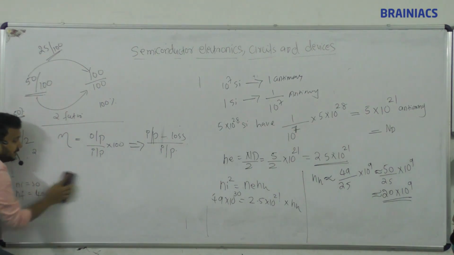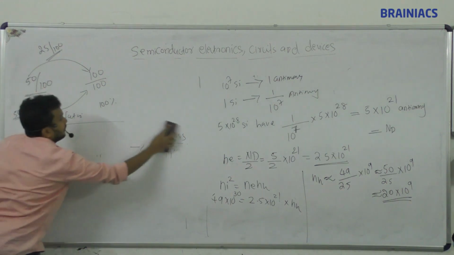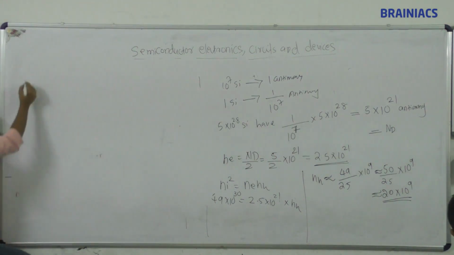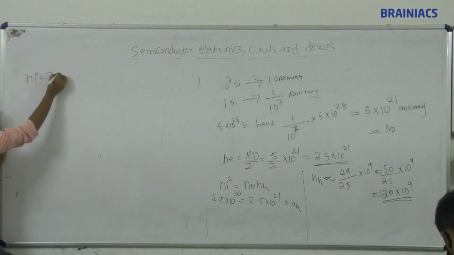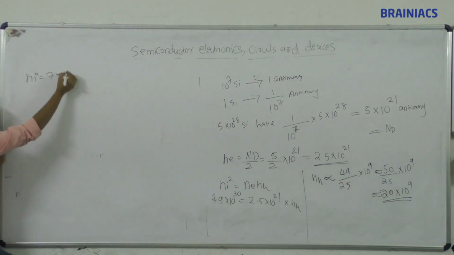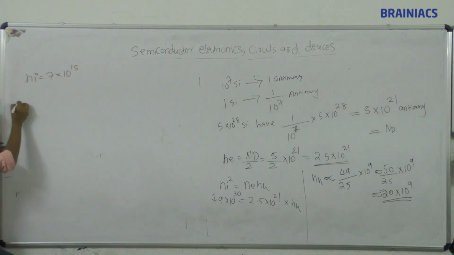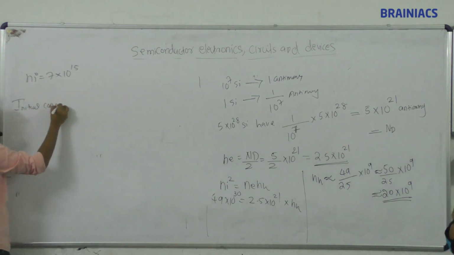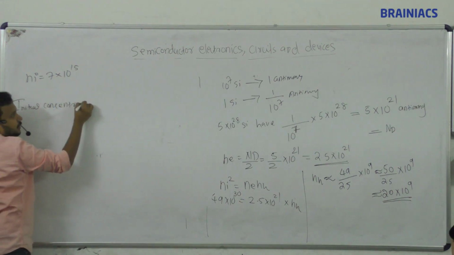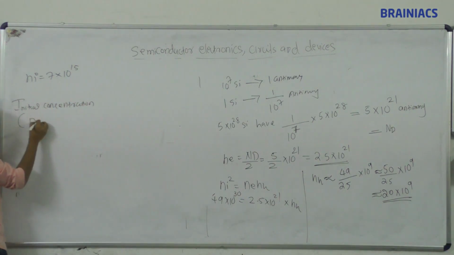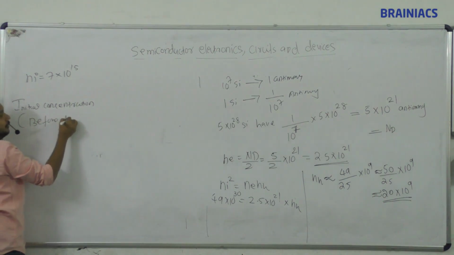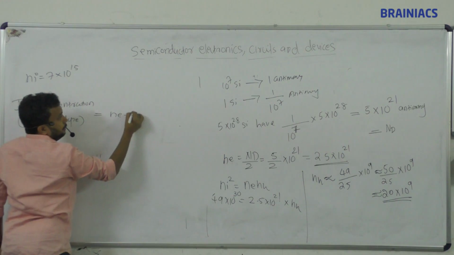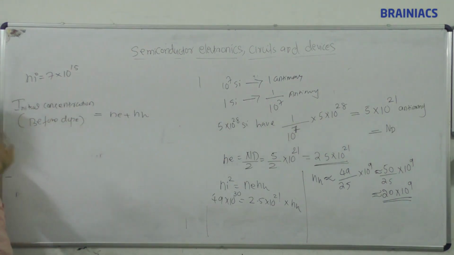So how to find this, Ni is given in the question. Now I am writing the initial concentration. Initial concentration means before doping. Before doping, the initial concentration is equal to Ne plus NH, the number of electrons plus the number of holes.